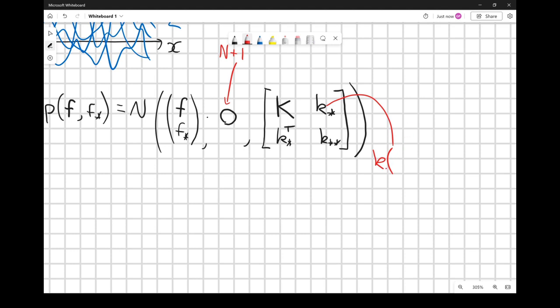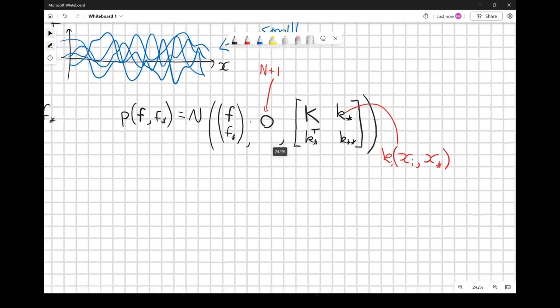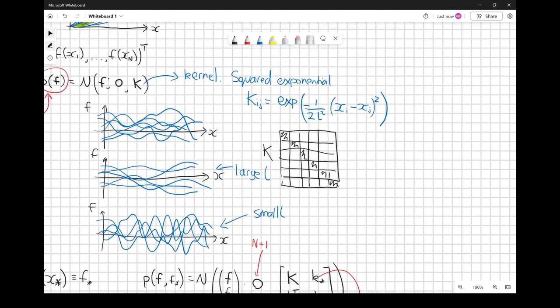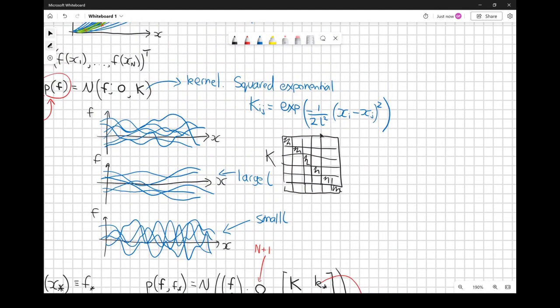Let's say the ith element of this vector is the kernel evaluated at xi and x star. So we're essentially following exactly the same rules that we defined when we said that we were going to use this kernel to describe correlations between different inputs.